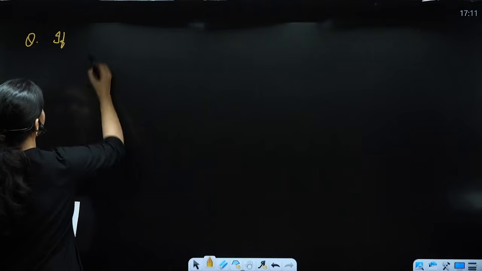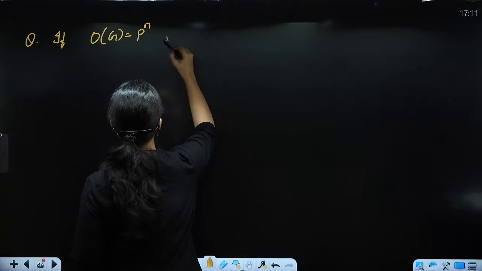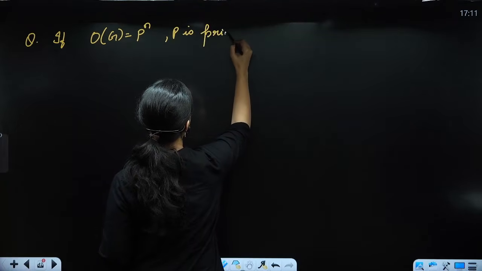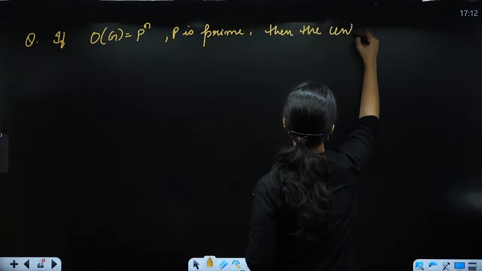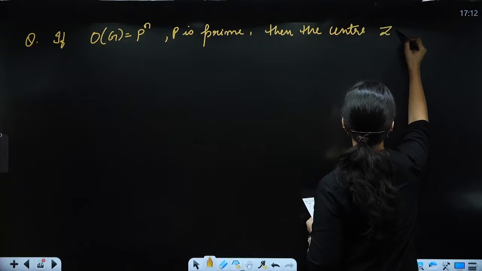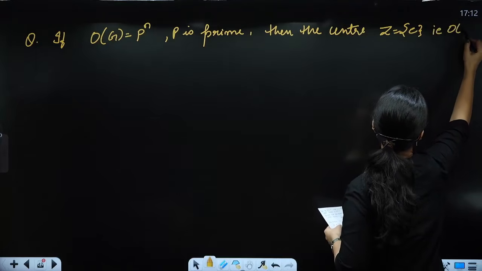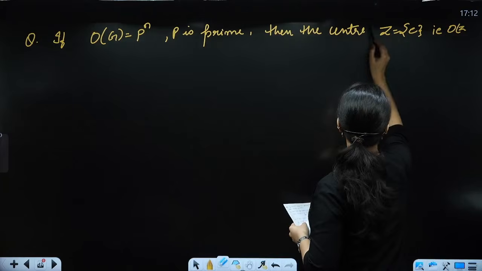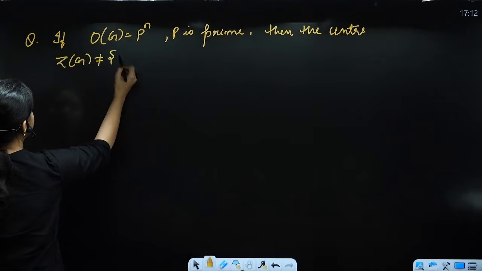So let me just write down the question for you. Okay, so the question says if order of G equals to p raised to the power n, where p is prime, okay, then the center ZG is not equal to the identity element, right?